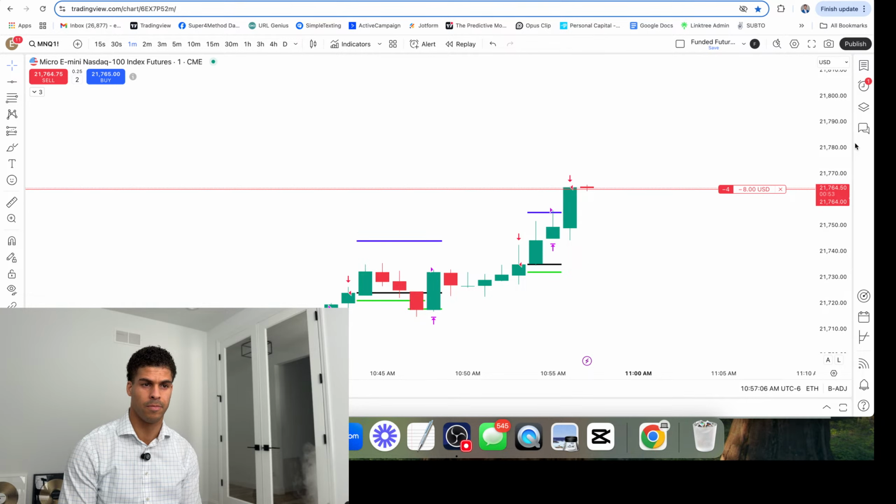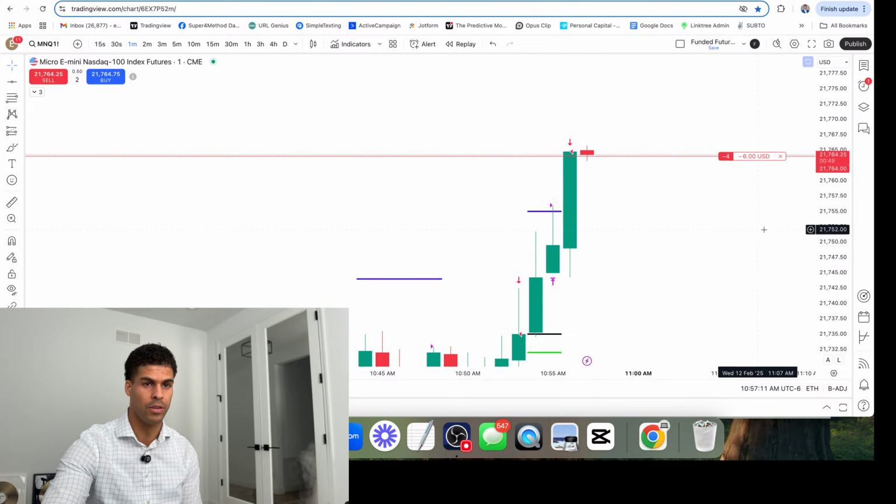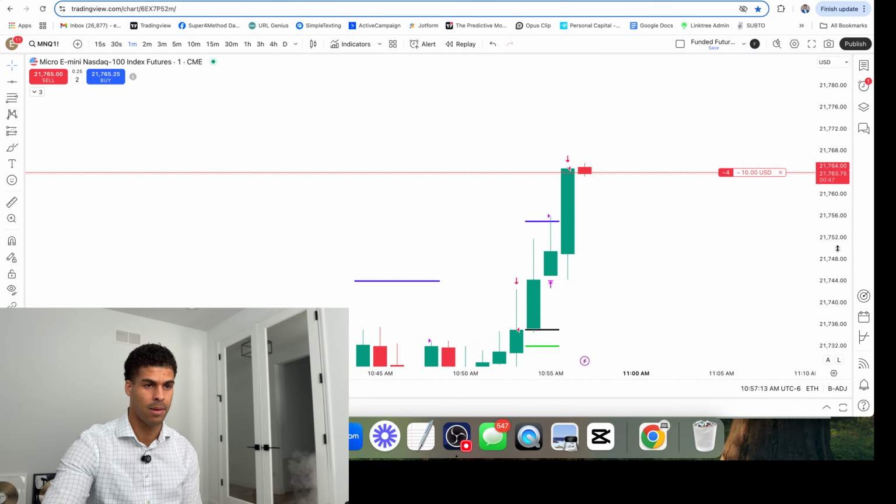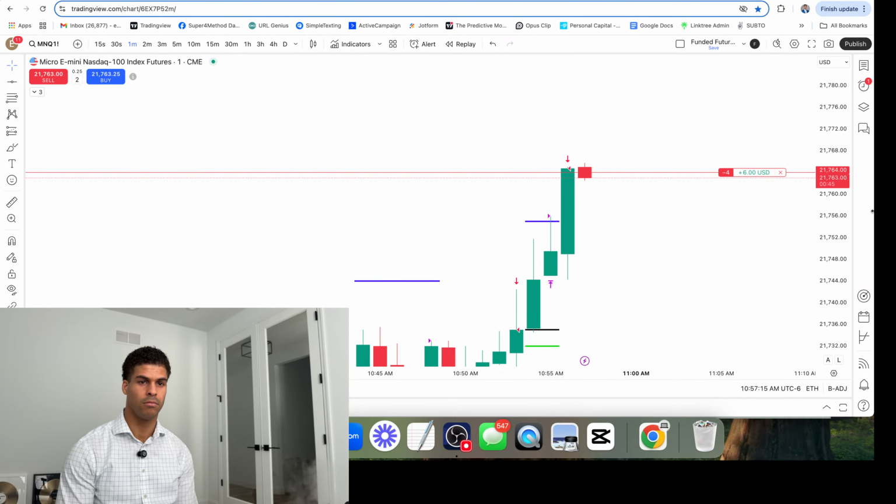Short position here. Okay, we're stepping in front of a not so friendly move here. So not excited about this, but let's see if we can get a nice little reversal here and see if we can grab some profit before price decides to return to its trend. 18. Let's see, it's close.